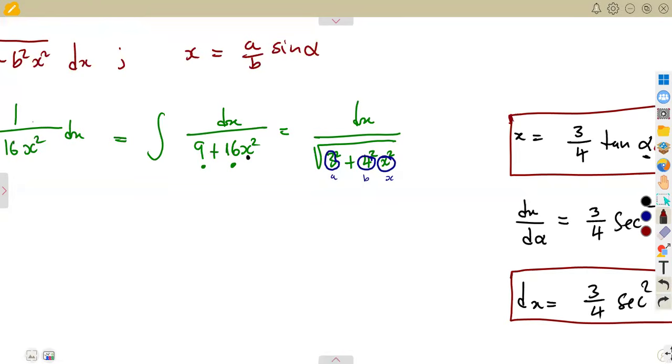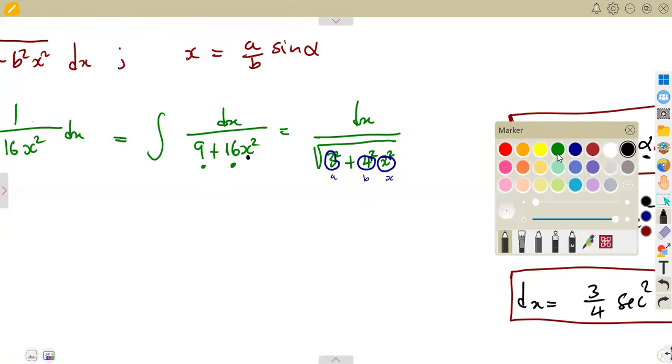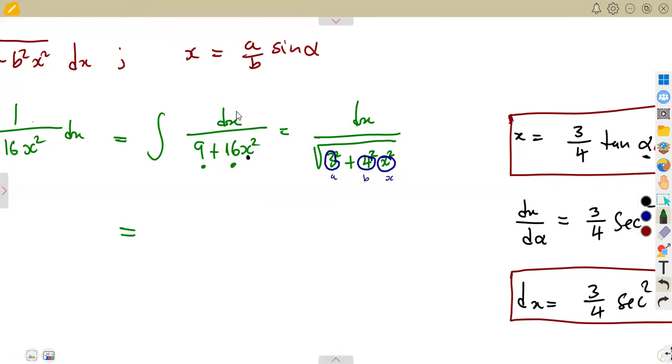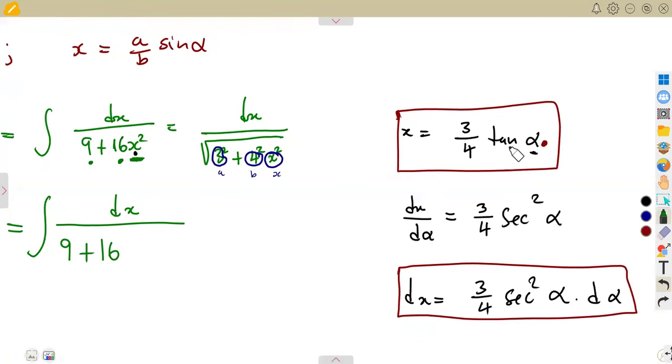Okay, let us make our substitution and see. We are going to have something of this nature. Let's say we did not substitute this, I want you to see what we're going to have. You were going to have dx over 9 plus 16 x squared. So for x squared, that means you are going to square this.